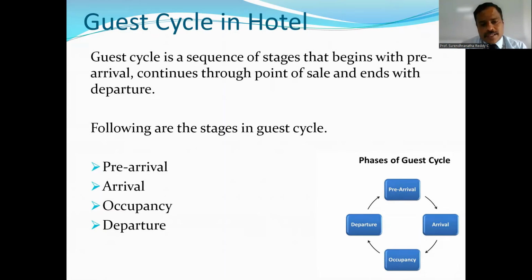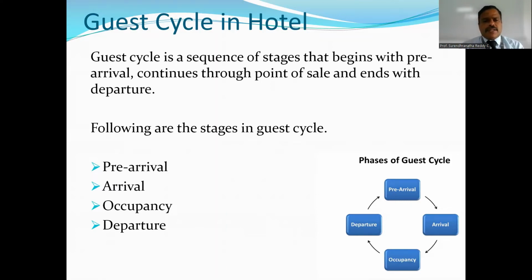Once he stays there and leaves the hotel, that is departure. Maybe for a customer it may not be a cycle. For a hotel, it is a cycle. One customer leaves, another customer comes. A continuous process: pre-arrival, arrival, occupancy, and departure.